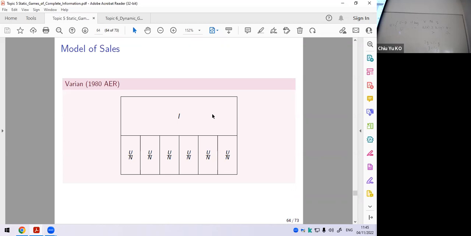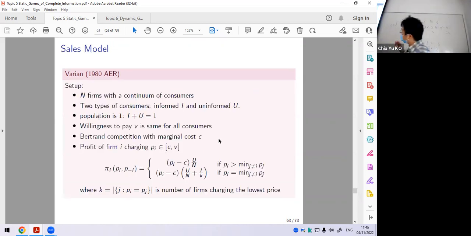That's like Bertrand. If there are multiple lowest prices, you just split equally among them. So this is the simplest change to the Bertrand model: you just add some consumers who always come to you. That's it. Is that okay?